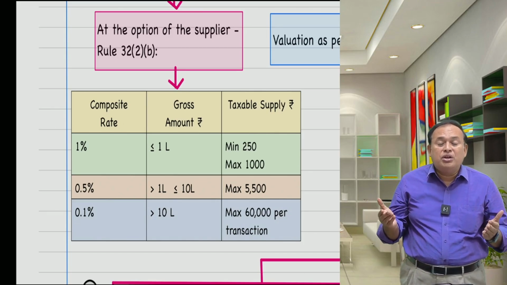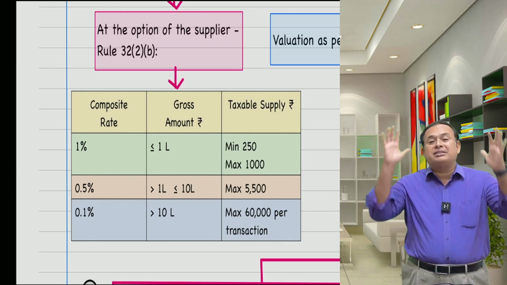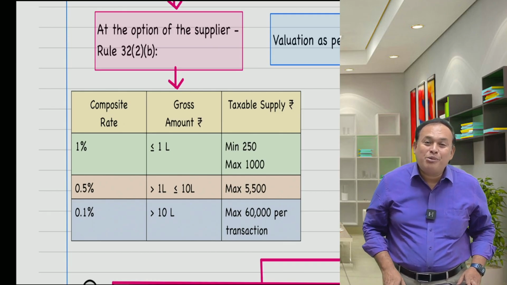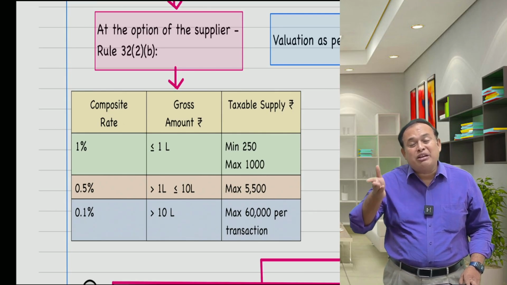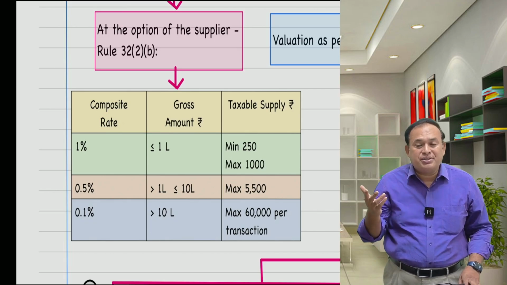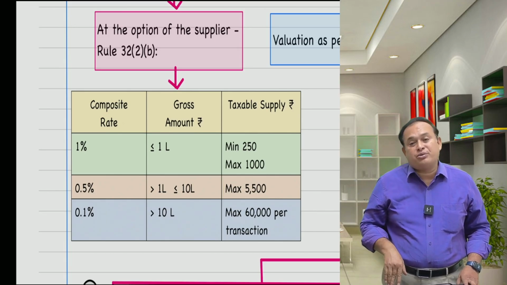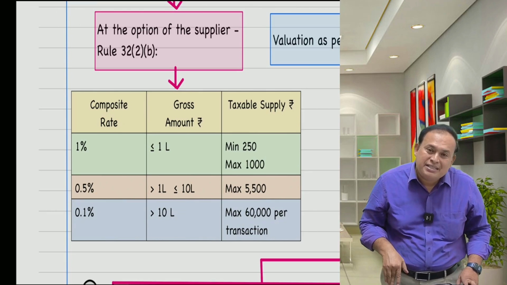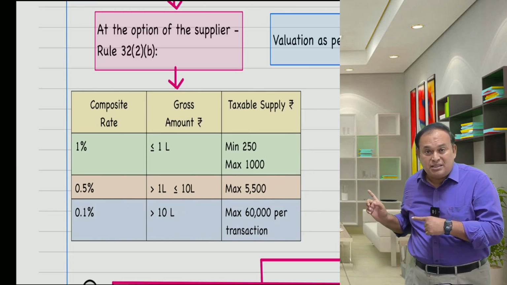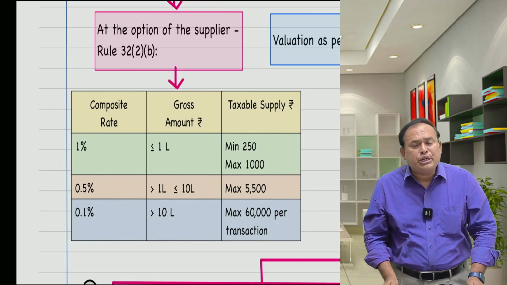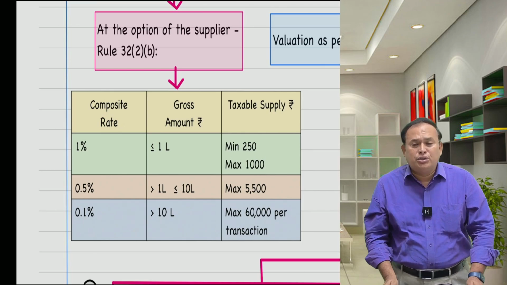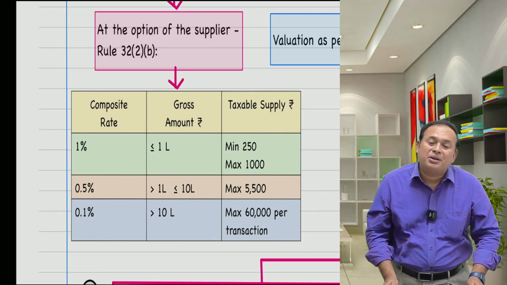Among the two, whichever is less, that means maximum rupees 60,000. Suppose more than 10 lakhs without upper limit, 0.1%, the total value comes to 75,000. In that case, 75,000 or rupees 60,000, whichever is less. So the maximum amount per transaction under rule number 32 sub rule 2 class B is 60,000.